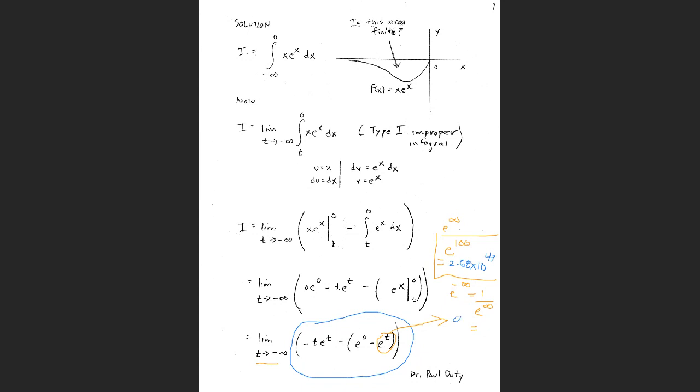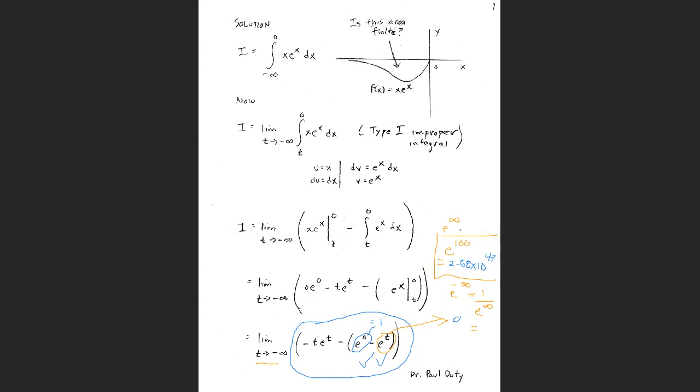And what's e to the 0th power? E to the 0th power is equal to 1. Okay. So this part of the limit and this part of the limit is no problem.